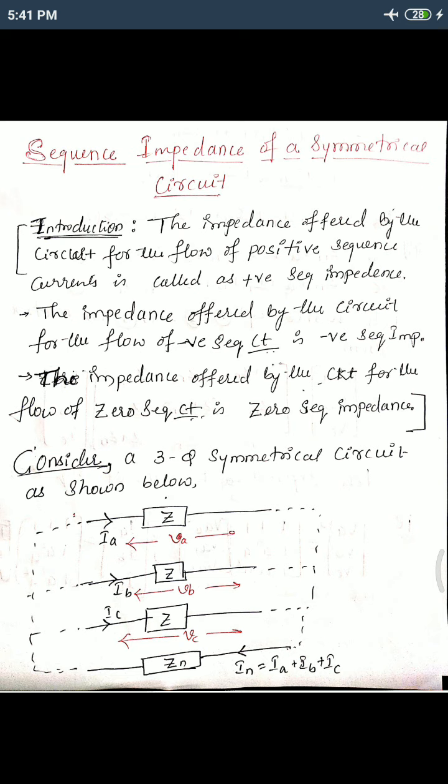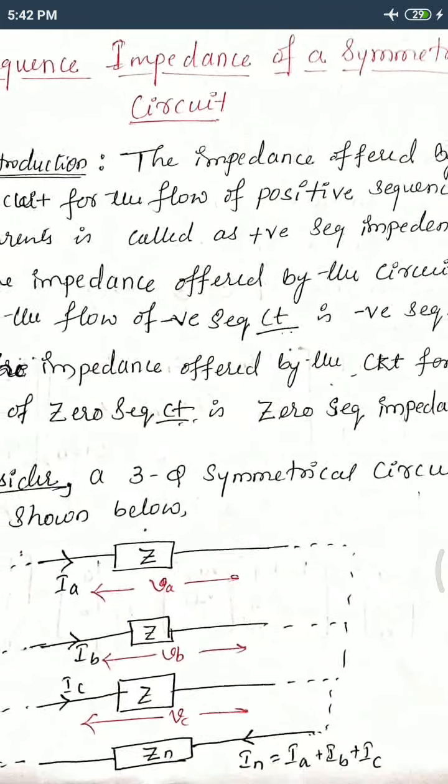Let's see the introduction before going to the derivation. Let's define the positive sequence impedance, negative sequence impedance, and zero sequence impedance, in a similar way to the impedance definition, but with respect to each sequence.